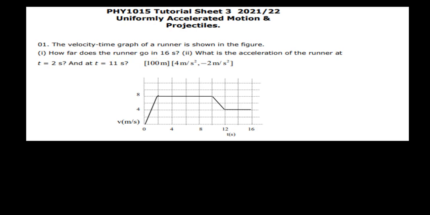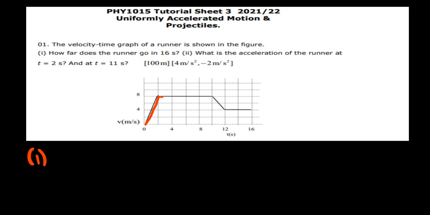Now, what do we mean when we say how far? How far is what? It's distance, right? Yes. So we're trying to find the distance the runner covers, in terms of running, the whole race. We're able to see that this runner runs until he reaches this point, which means he was accelerating at that point.